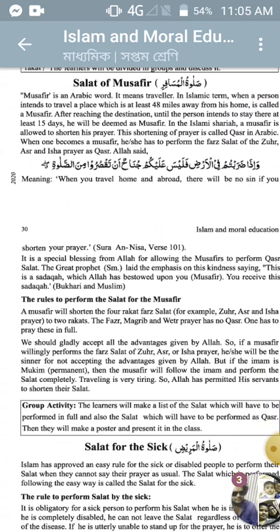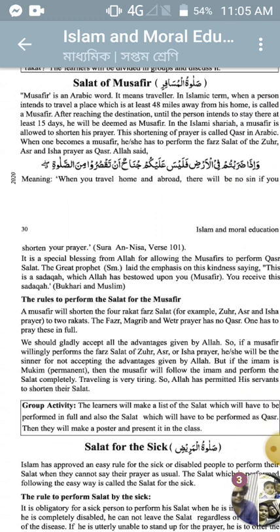After reaching the destination, until the person intends to stay there for at least 15 days, he will be deemed a musafir. In the Islamic Sharia, a musafir is allowed to shorten his prayer.